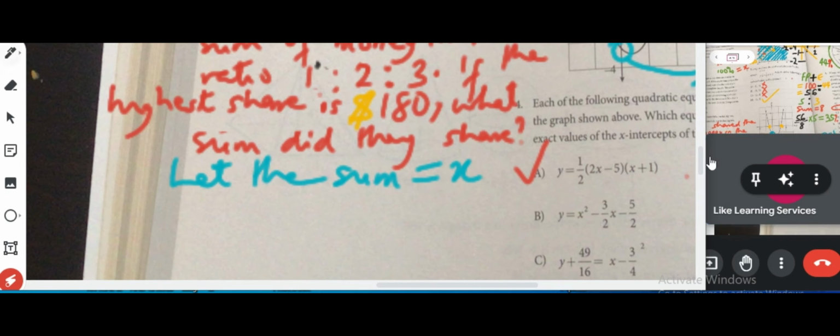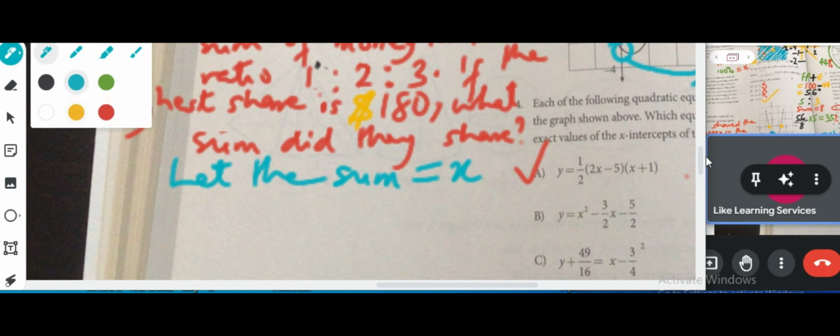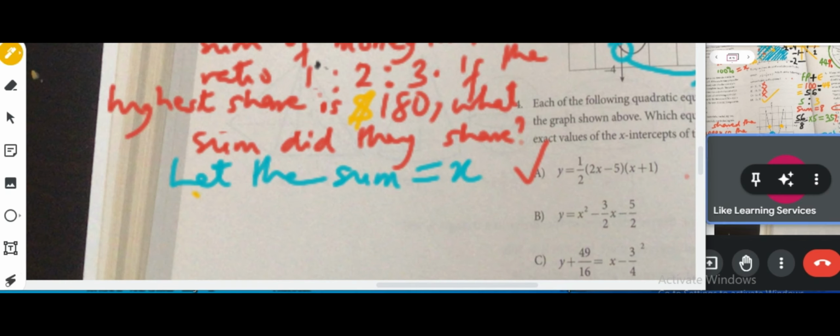Let me just remind you, usually we find the sum of ratio. What's the sum of ratio? It's 1 to 2 to 3. Add up the ratio now: 1 plus 2 plus 3. What does that give? That's 6.